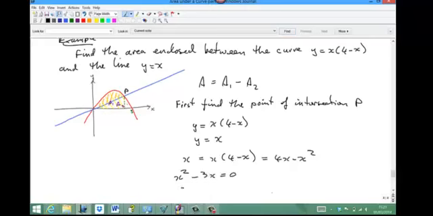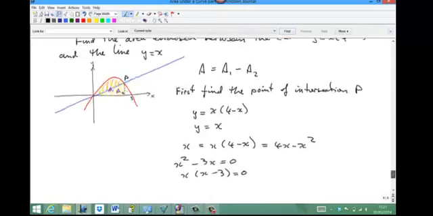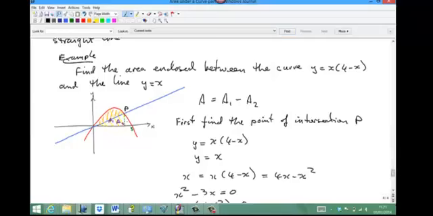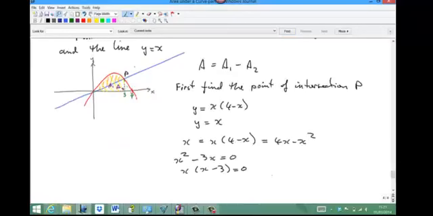So we have x(x minus 3) equals 0. So the point of intersection is x equals 3, and this point here is 3. Of course, this is 4. I believe I said 3 before, but this is 4 where the curve crosses the x-axis.